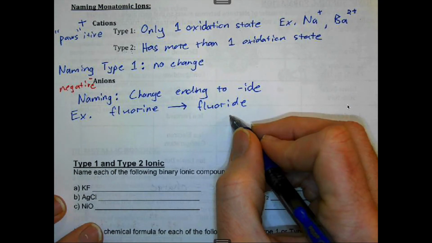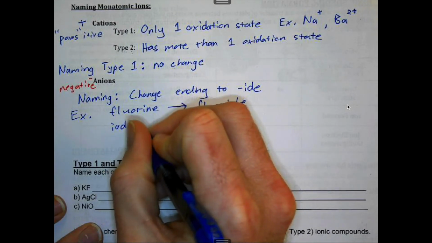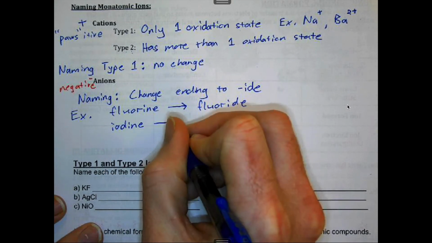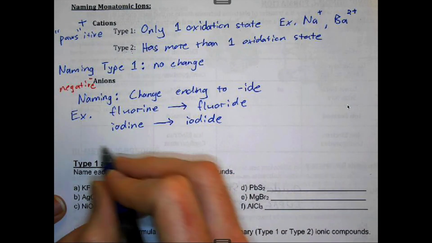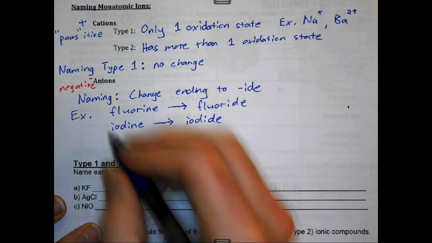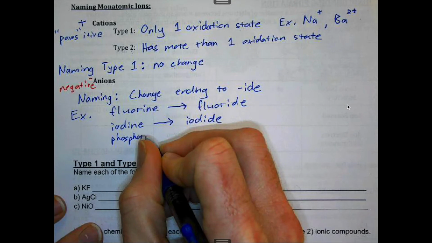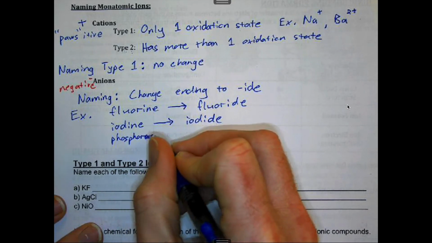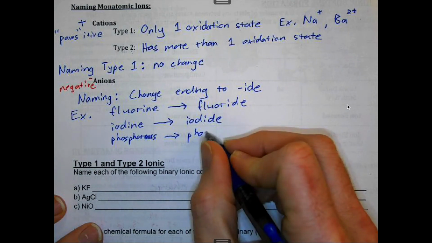Chlorine goes to chloride. What about iodine? Iodine goes to iodide. Phosphorus, P-H-O-S-P-H-O-R-U-S, sorry, gets changed to phosphide.